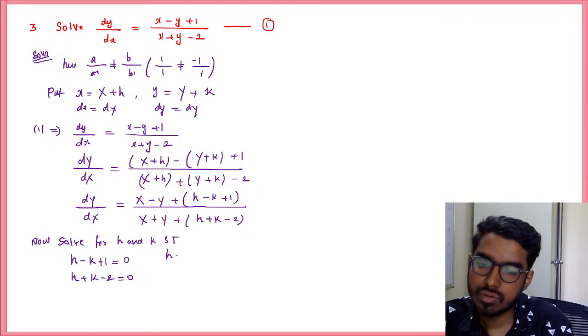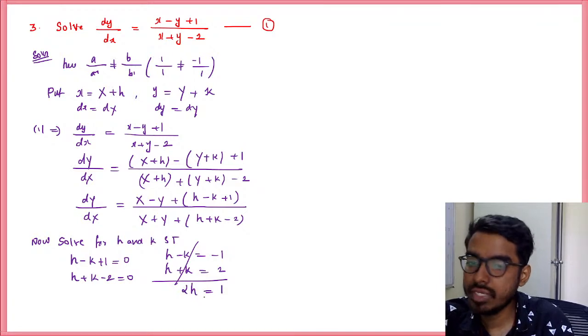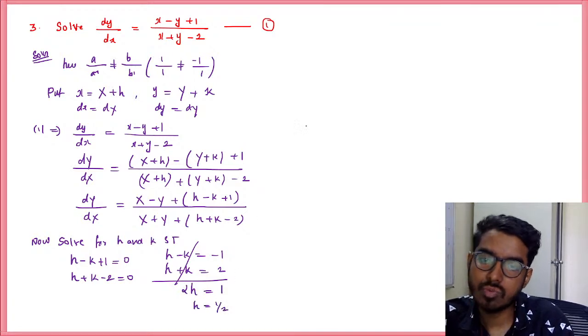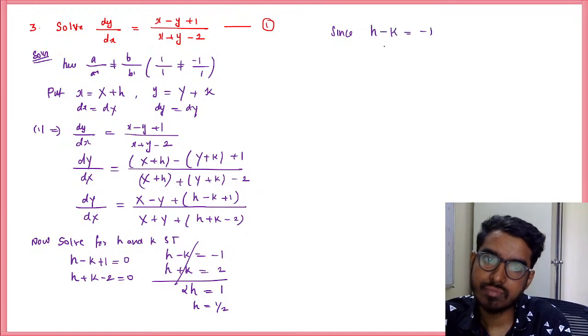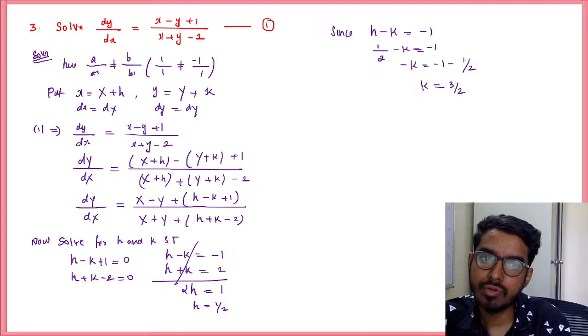So you will have h minus k to be equal to minus 1, h plus k to be equal to 2. So these two will get cancelled. So you will have 2h to be equal to 1. h is 1 by 2. Now since h minus k is minus 1 and h is 1 by 2, we will have k to be equal to 3 by 2.